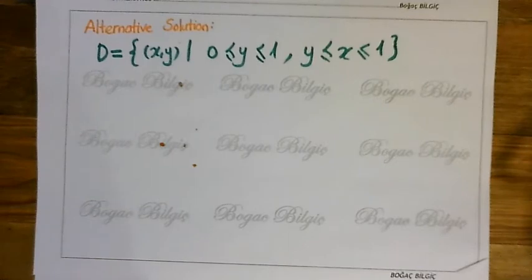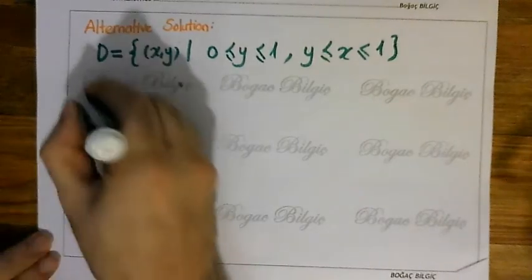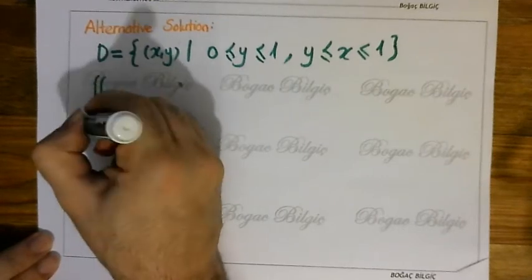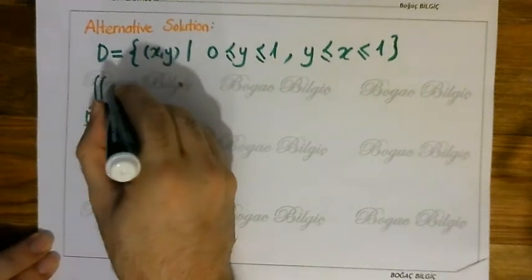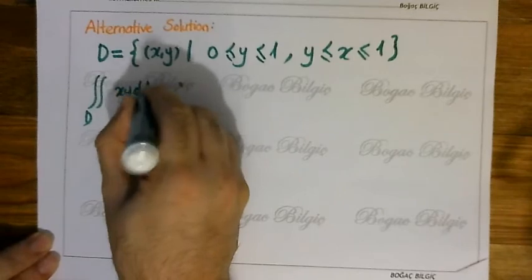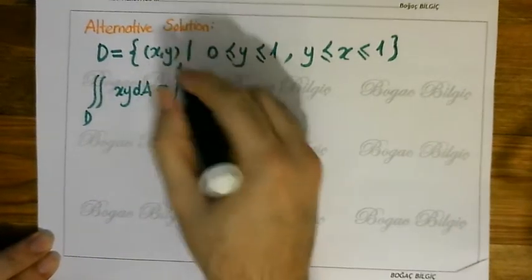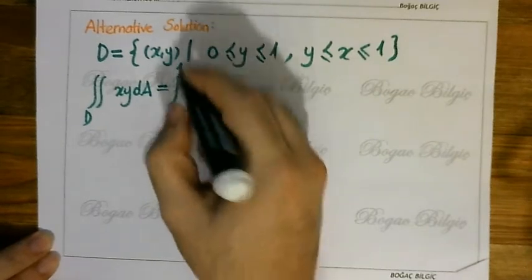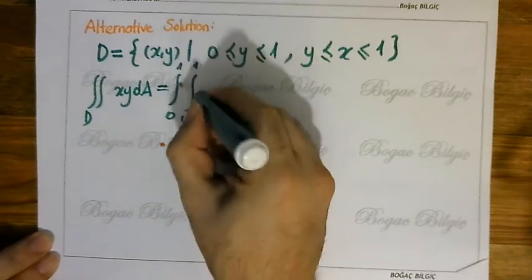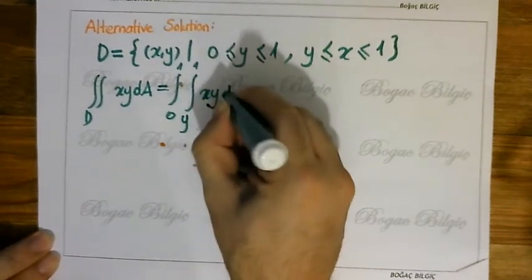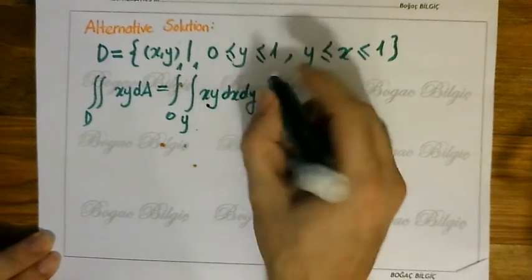Once again, using Fubini's theorem, we obtain the double integral over D of xy dA is equal to the integral from 0 to 1, from y to 1, of xy dx dy.